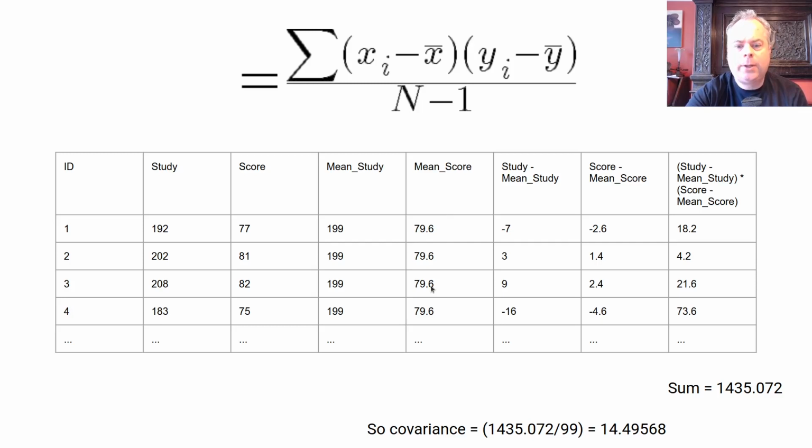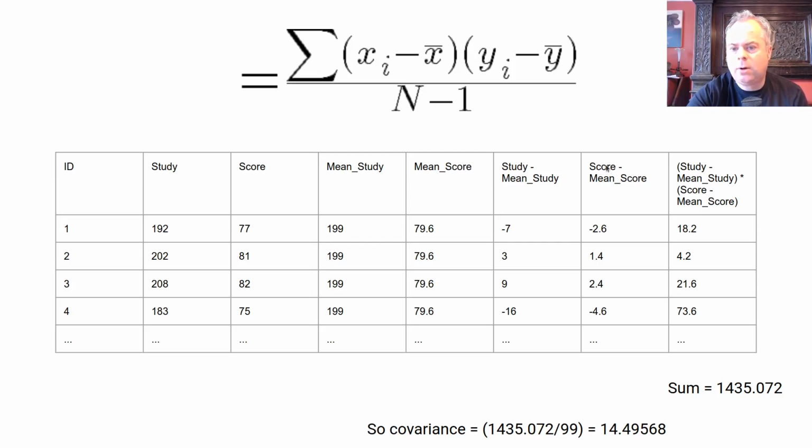And then for each participant, we can work out by how much their actual data point deviates from the mean of that variable. So for participant 1, study minus mean study is 192 minus 199, which is minus 7. We can do the same for the score that they have in the exam.